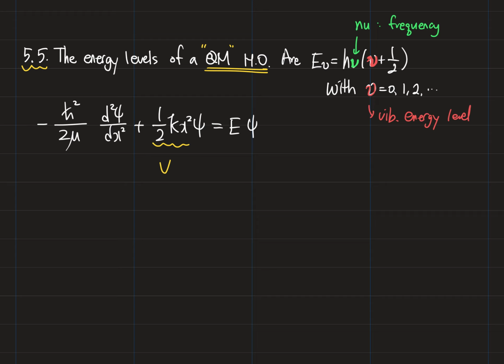So let's jump into the final conclusion. The energy levels that can be obtained from this one-dimensional harmonic oscillator Schrödinger equation: energy E_v is given as h nu multiplied by v plus half.